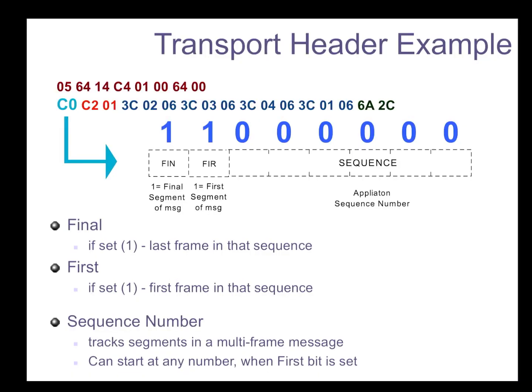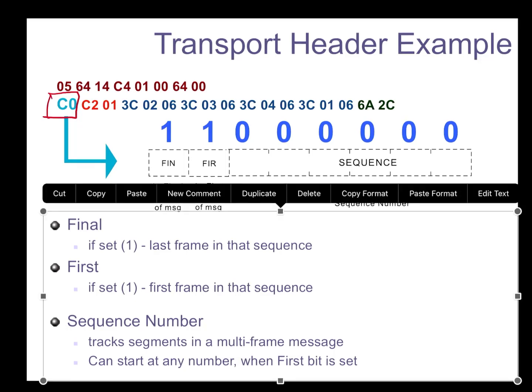So if we look here at this request going out, the request that we looked at from the very beginning, and look at the transport header, we're going to find 1 byte of information here. We know we have a hexadecimal value of C0.